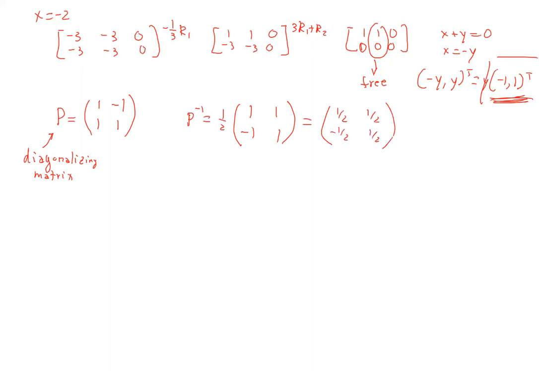So now we want to produce the diagonalizing equation. It is going to be that the original matrix that we had, which was 1, 1, 3, 3, on the right we multiply by the transition matrix, and on the left we multiply by the inverse.